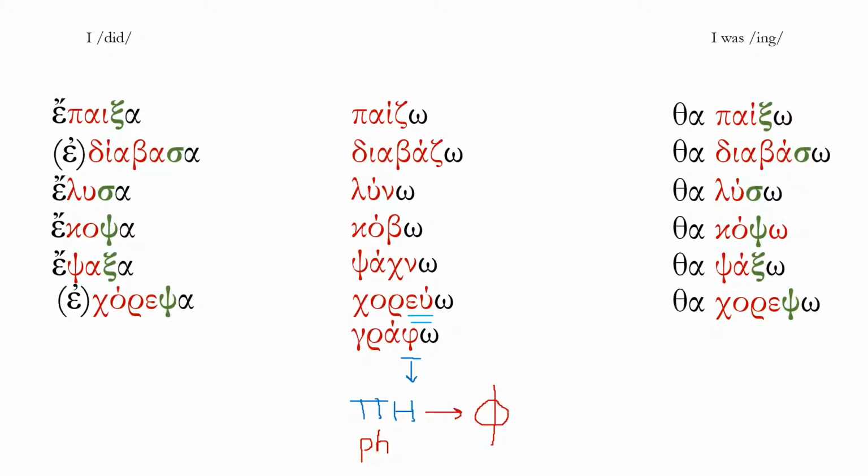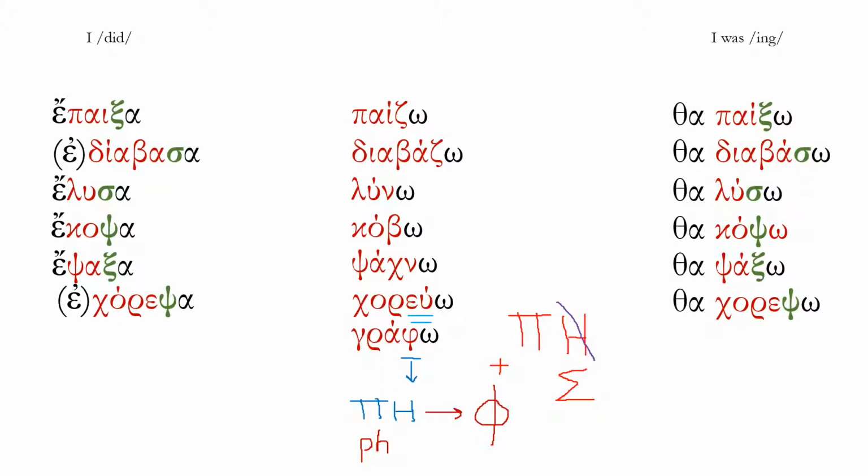Γράφω, well, the rule tells us we've got to add a sigma sound. Well, let's think about this. We have a p, h, p, h. And to go to the simple future, the rule says we have to add a sigma. Well, phs, phs.